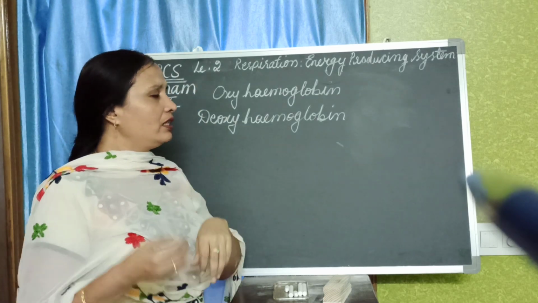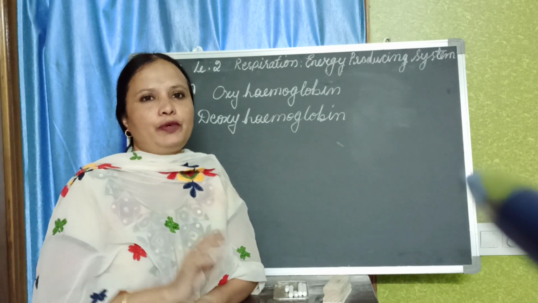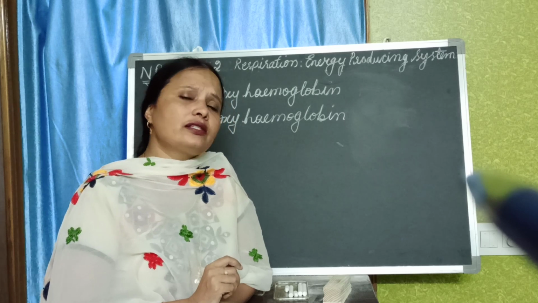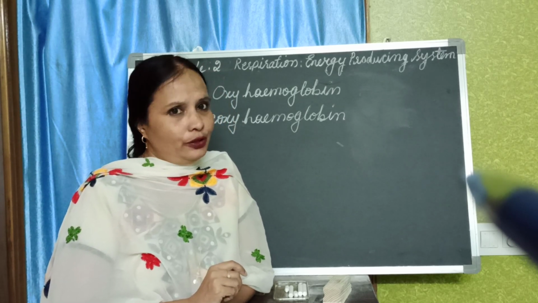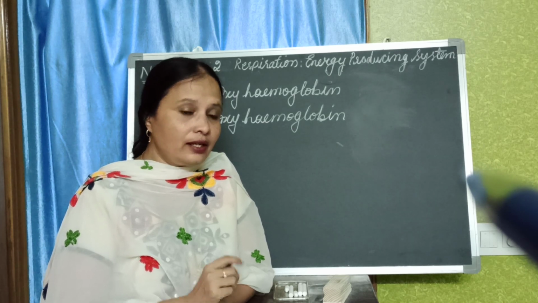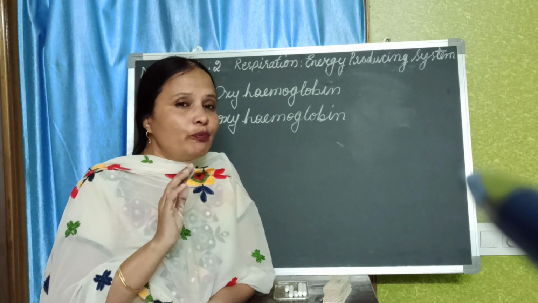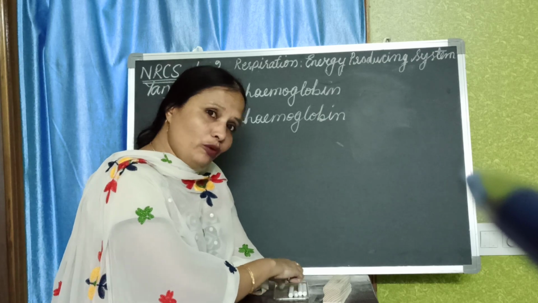And here every time we are talking about respiration and oxygen. That means all living organisms need oxygen to respire. Are there no organisms which can respire without oxygen? Yes, there are. To make your learning complete, we need to learn about anaerobic respiration.